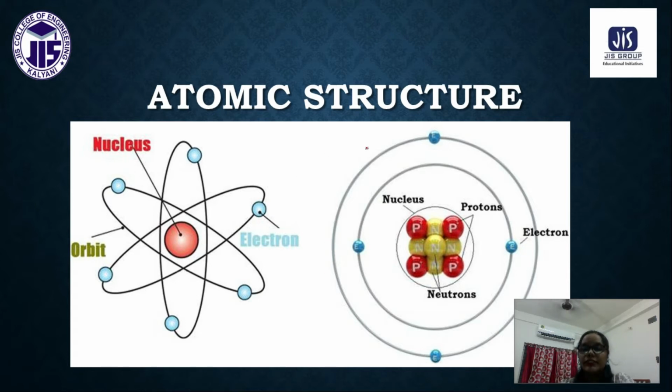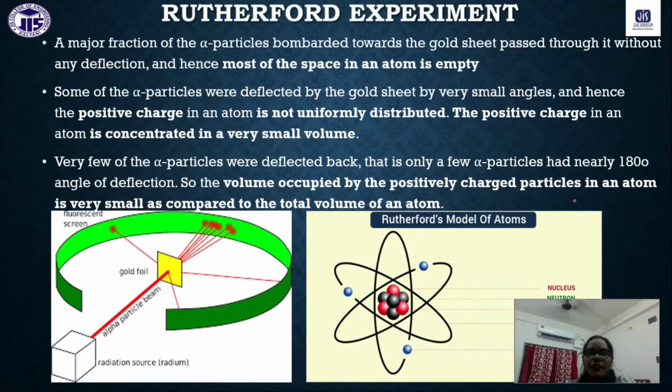This is the atomic structure. At the center we have the nucleus, and around the nucleus the electrons are revolving. This is the Rutherford model. In his experiment, Rutherford hit alpha particles on gold foil.